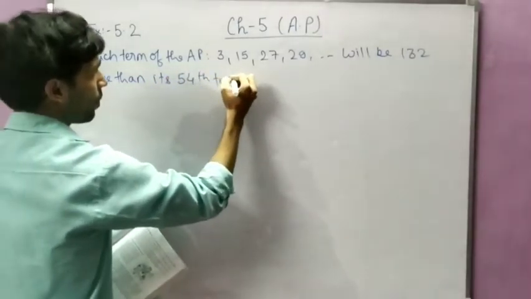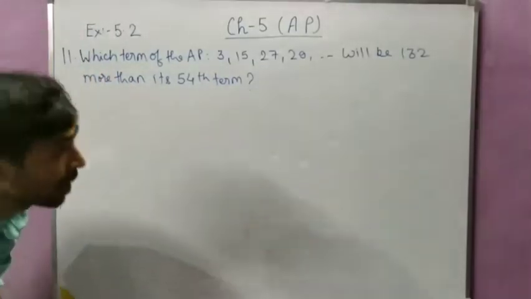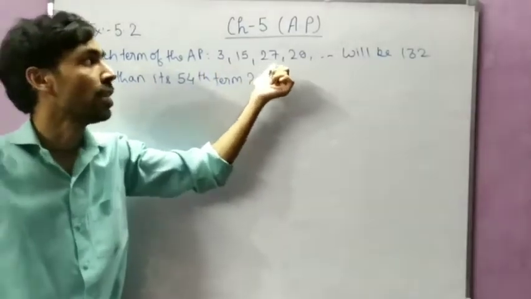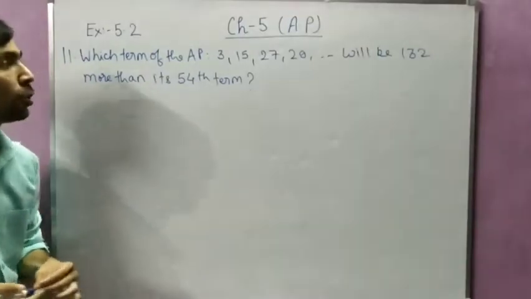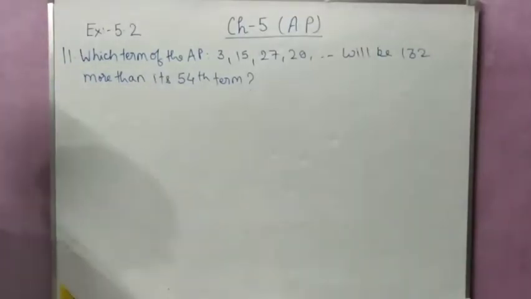Okay, which term of the AP 3, 15, 27, 39 will be 132 more than its 54th term.